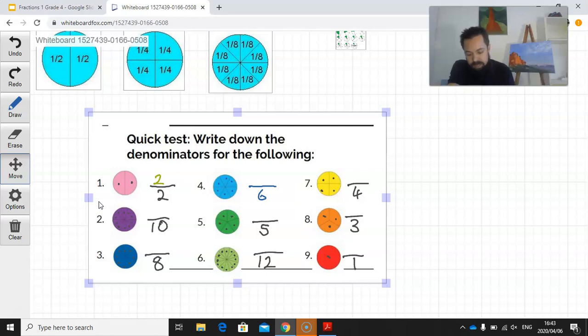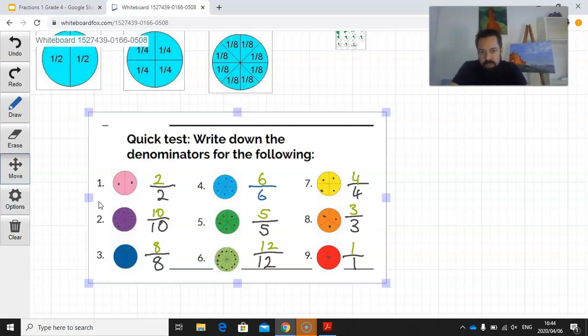Next one, we have 10 pieces. 10 over 10 is the same as a whole. Next one, we have 8. Next one, we have 6, 5, 12, 4, 3, and 1. So in fact, you can see that for each one of these, the numerator is the same as the denominator, and that's because it's all colored in.